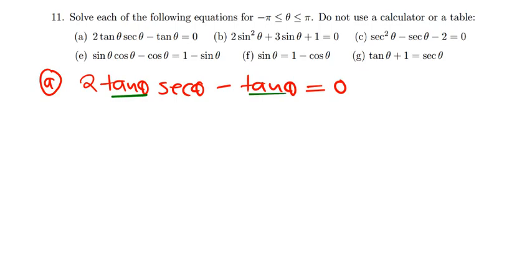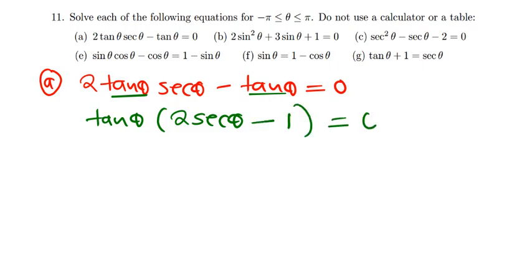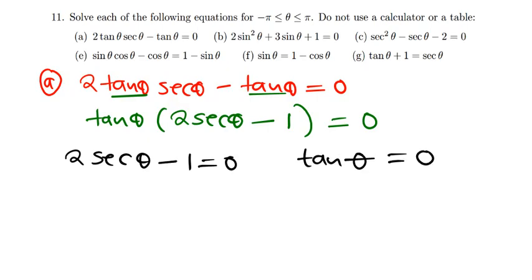So we're going to have tan of theta, open the brackets, 2 secant of theta will still remain, minus 1 for the other part, and this is equal to 0. At this point we can have two equations. The first one is what is in the brackets, 2 secant of theta minus 1 is equal to 0. The other one is just tangent of theta itself being equal to 0. If we solve these two equations, then we've got our solutions to the question as a whole.